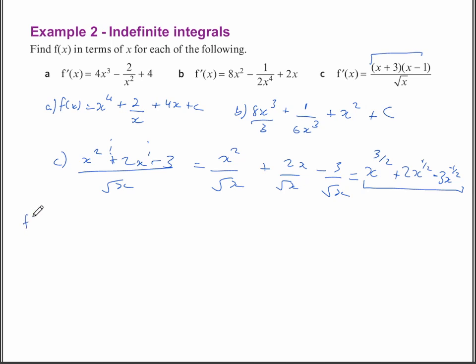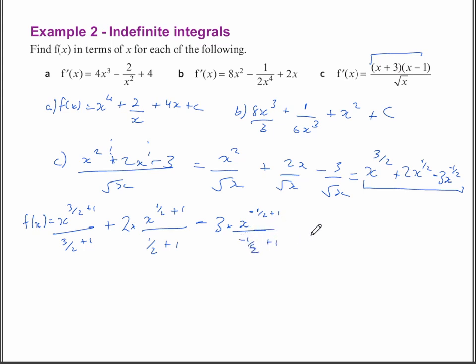And we will get that f(x) is equal to x power (3/2 + 1) over (3/2 + 1), plus 2 times x power (1/2 + 1) over (1/2 + 1), then minus 3 times x power (negative 1/2 + 1) over (negative 1/2 + 1).